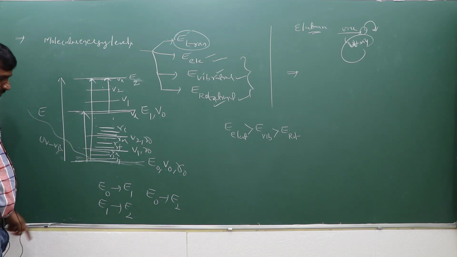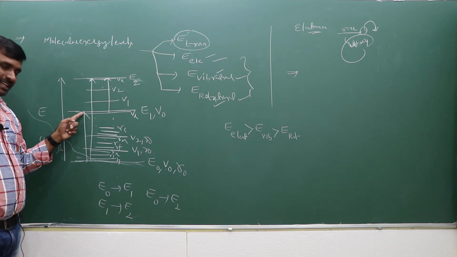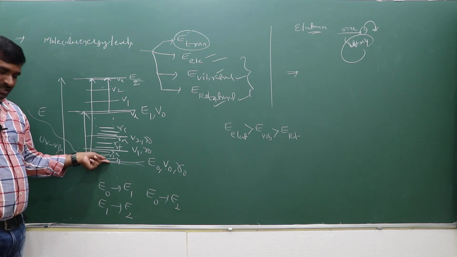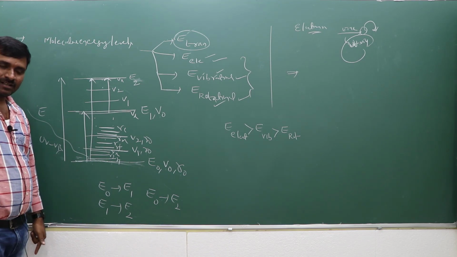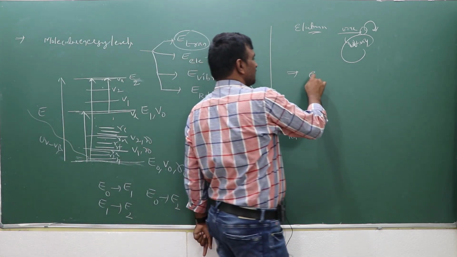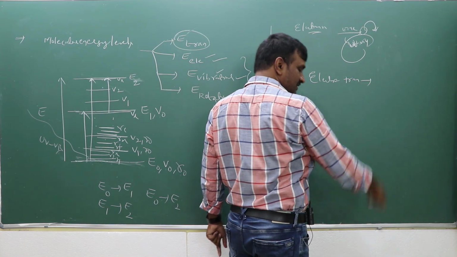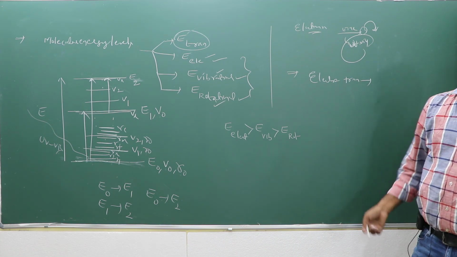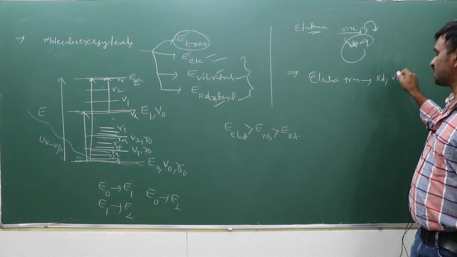So the electronic transition is accompanied by vibrational as well as rotational transitions, because between these two levels there are vibrational and rotational energy levels.